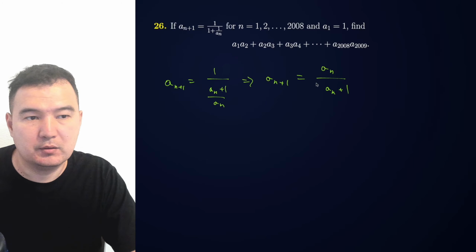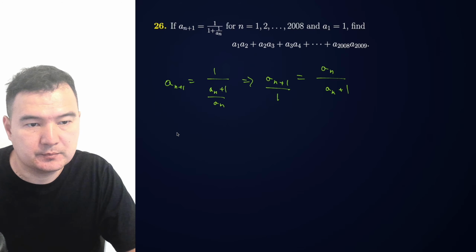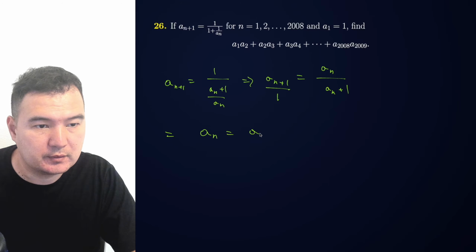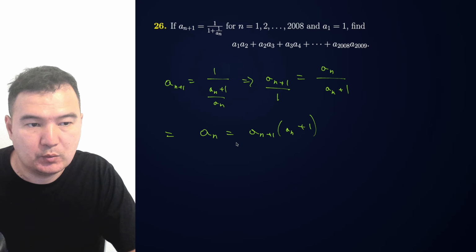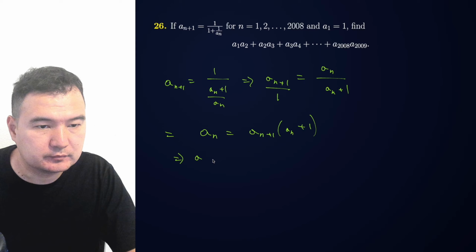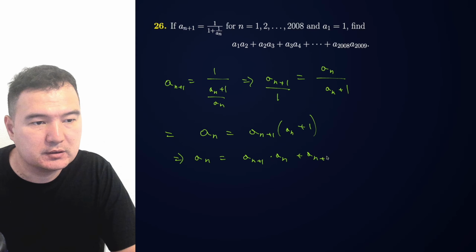Let me do the cross multiplication. So let's say this is 1, and then that gives me an is equal to an plus 1 times an plus 1. Open the parentheses. We get the product of two numbers, right? An is an plus 1 multiplied by an plus an plus 1.